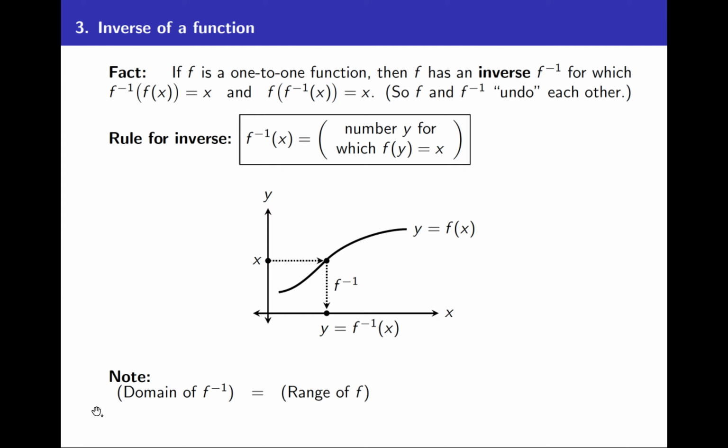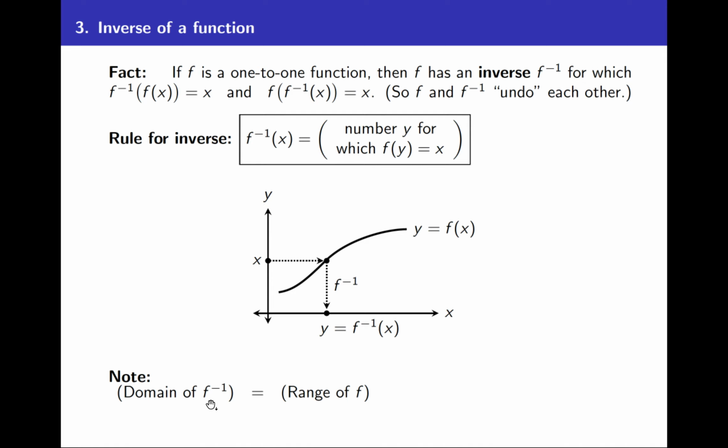Let's talk about the domain and range of inverses. Notice that for f inverse, any input value actually had to be an output value for f. So f inverse could send it right back. So the input values, the things you're plugging into f inverse, they're all the outputs of f. In other words, they're the range of f.